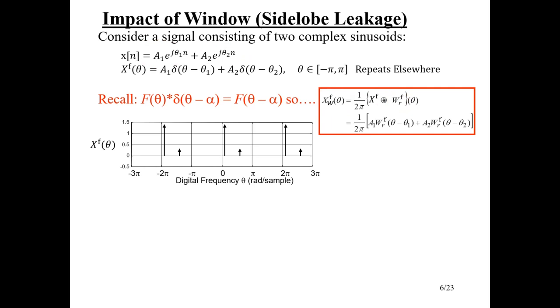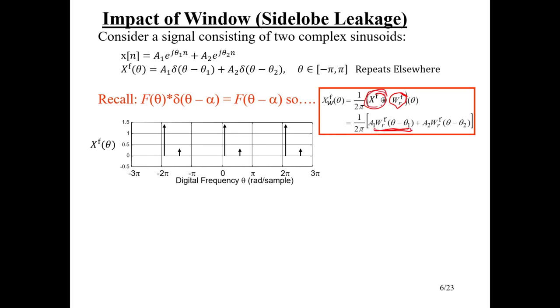And so the other thing here is a result that says anything convolved with a delta function located at alpha will just take that thing and shift it by alpha. So this thing has delta functions in it. So it's going to take this thing and plop it down there.